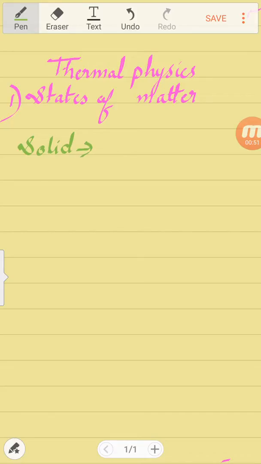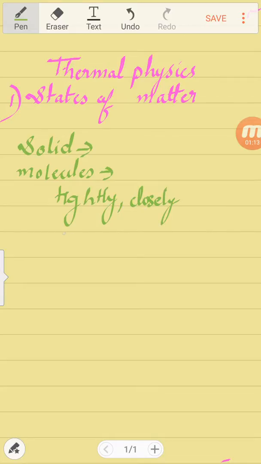Okay, molecules are tightly or closely packed. Molecules are tightly or closely packed.